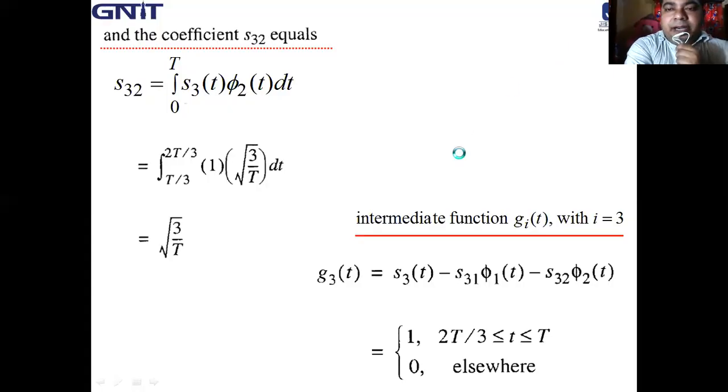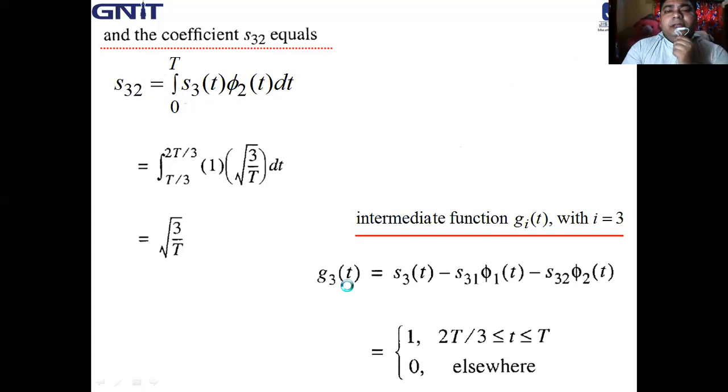Now the intermediate function g i(t) with i equal to 3, that is g3(t), is equal to S3(t) minus S31 phi 1(t) minus S32 phi 2(t).